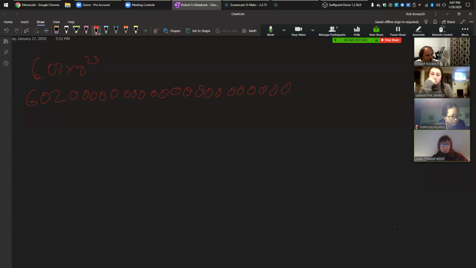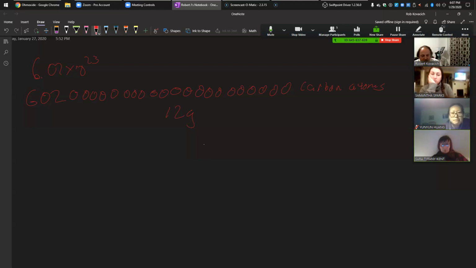So this number equates to a usable amount of atoms and molecules. An easy way to talk about it is carbon. If you had this many carbon atoms, you'd have about 12 grams of carbon. How do I know that?